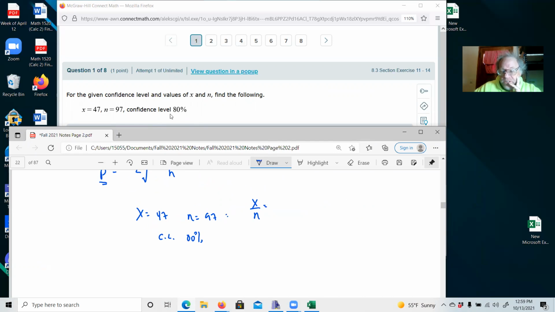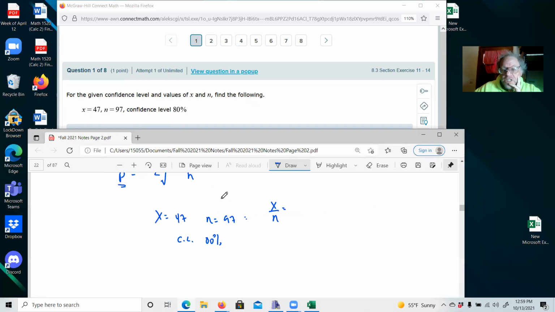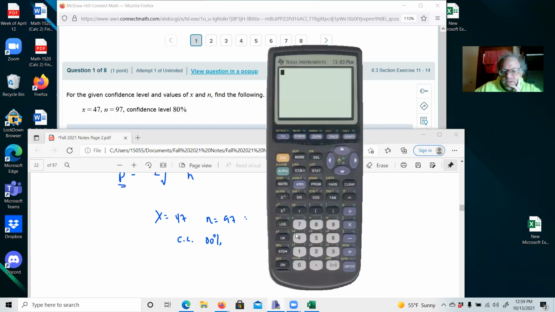Usually when you're dealing with proportions, the context is that there's a yes or no question somewhere in the problem. All right, so what we're going to do is we're just going to say 47 divided by 97, all right?